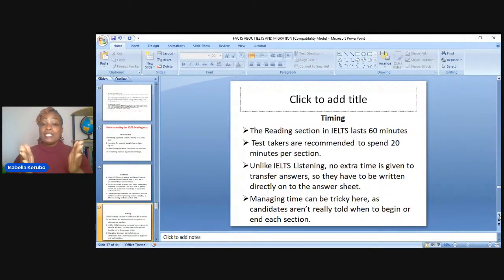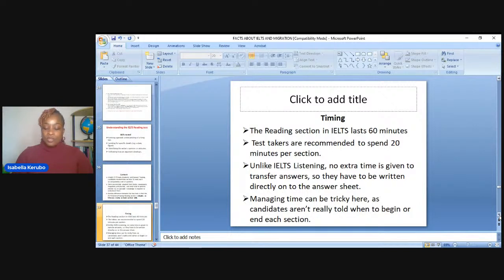So you are expected to write your answers directly on the answer sheet, unlike the IELTS listening test, where you are allowed to write your answers on the question paper before you transfer them in the 10 extra minutes. In the IELTS reading test, as you read the text, you just write your answers directly in your answer sheet. All right?